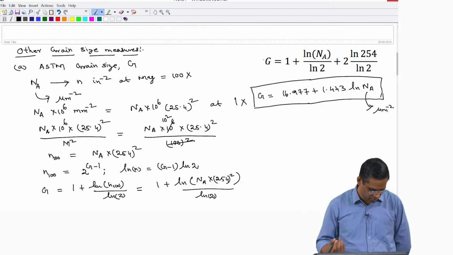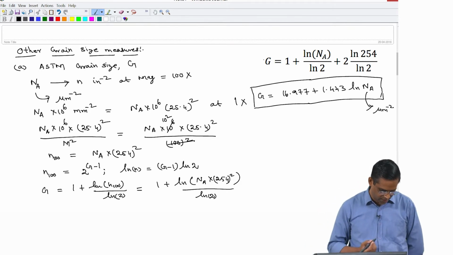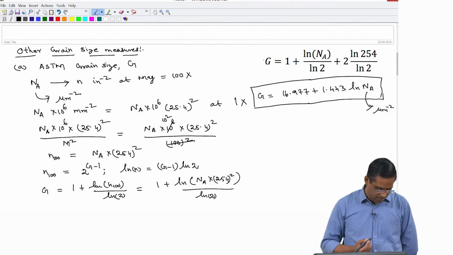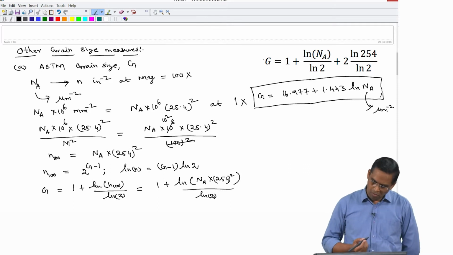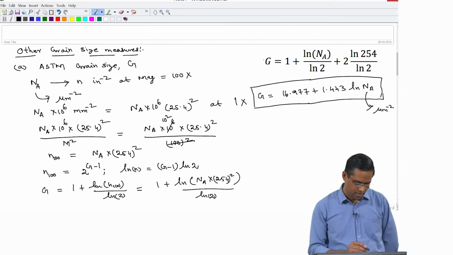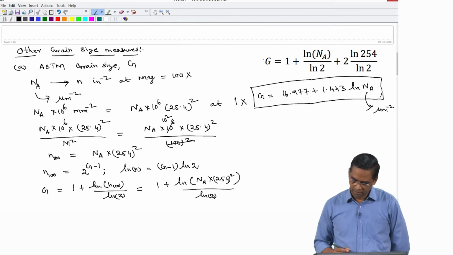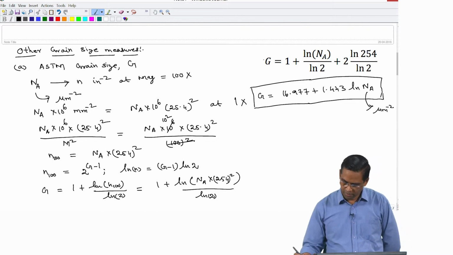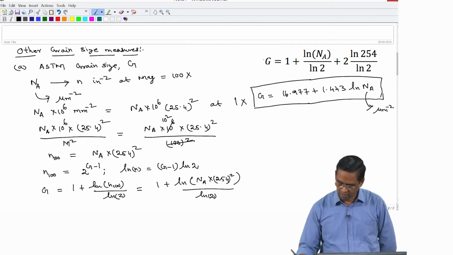This is what you will get when you use micrometer. This is one way of looking at the ASTM grain size number, and if you use millimeter square, this expression is slightly modified.